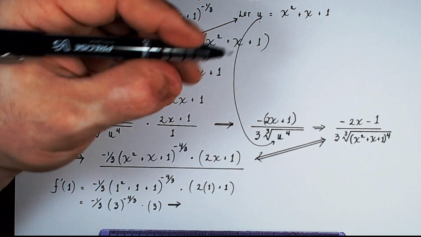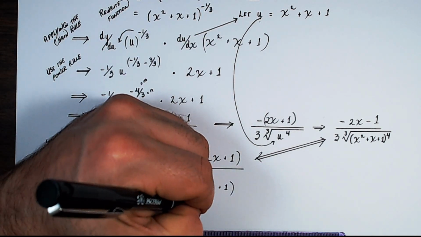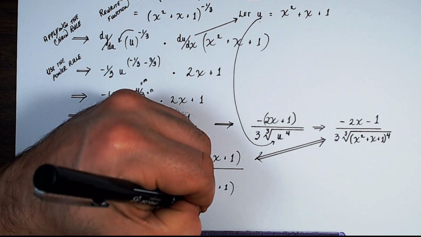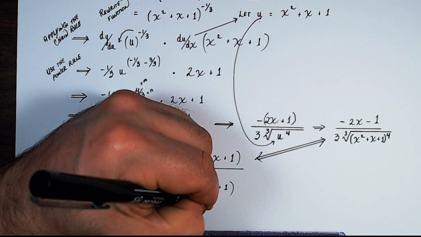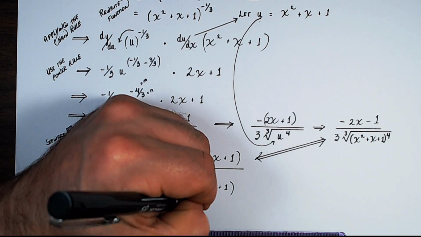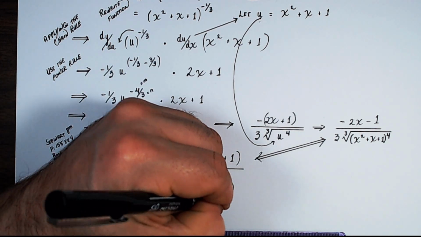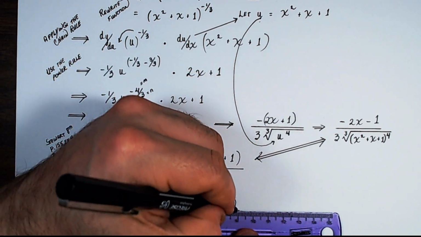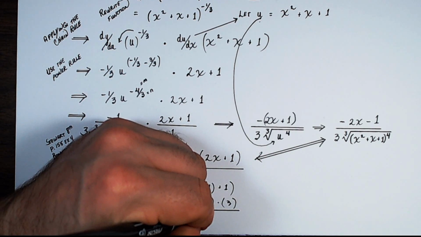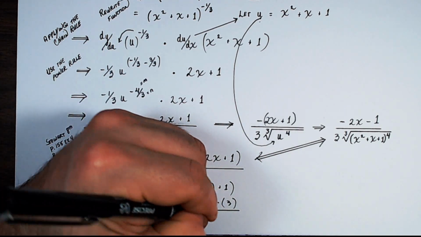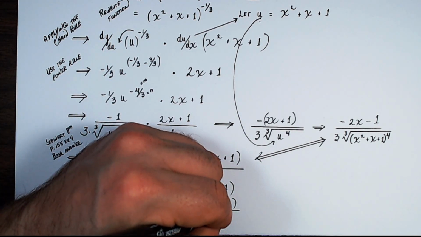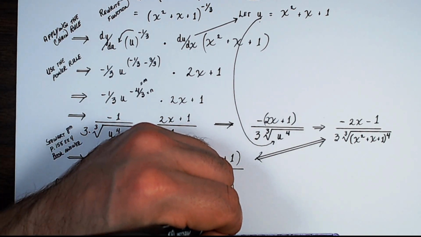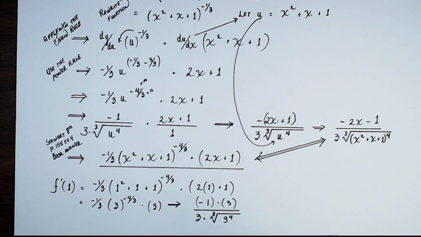I'm going to write it this way, negative 1, times 3 all over 3 times the cubed root of 3 raised to the 4th power.